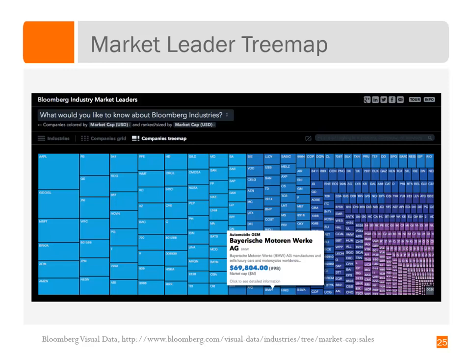Now, this is an example of a tree map that was put out by Bloomberg Visual Data. This provides overall a set of companies. In this case, it's some of the largest companies in the world by market capitalization.